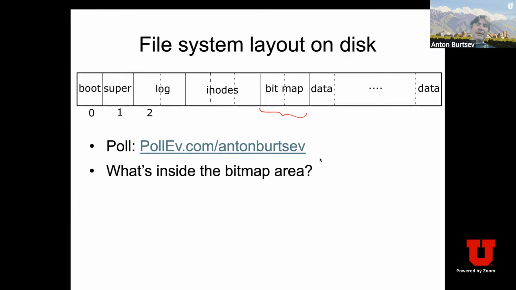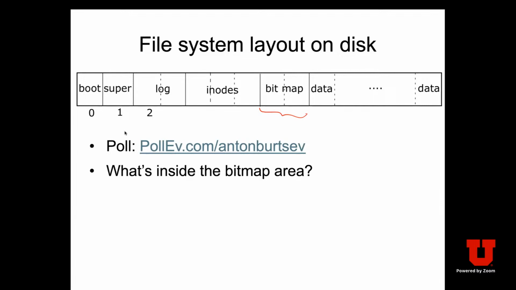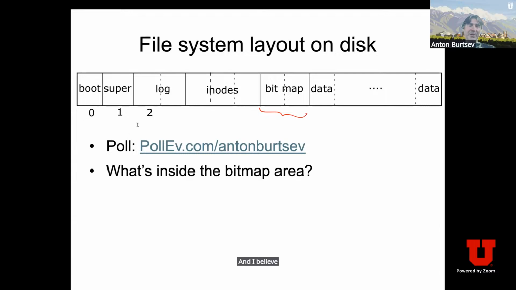So can anyone tell us the right answer for everyone who is on Zoom? You went pretty quick on this part, but I said unused blocks in the data area. And I believe it's correct because some people are unsure about it.